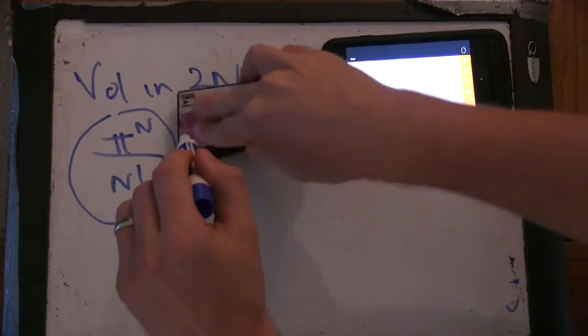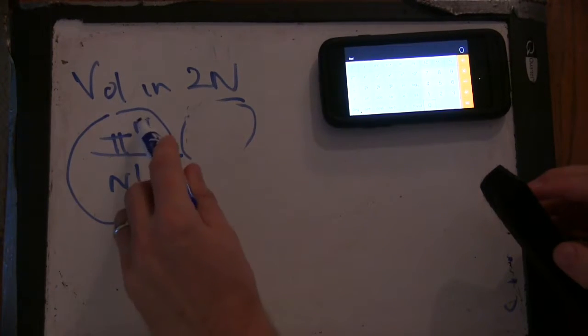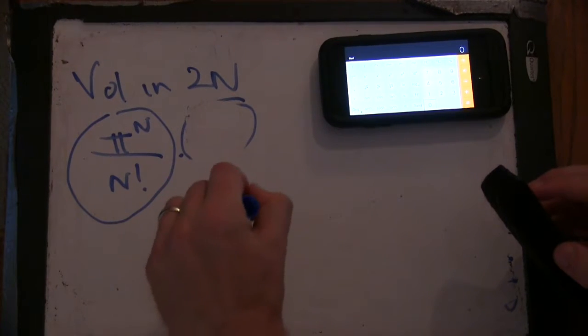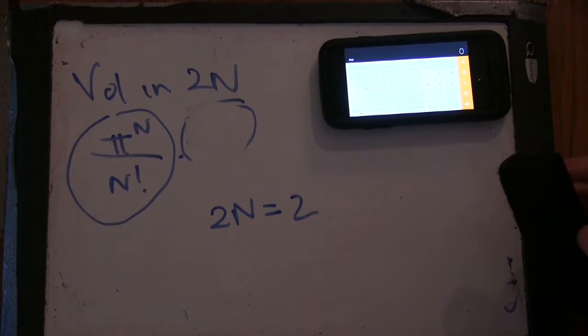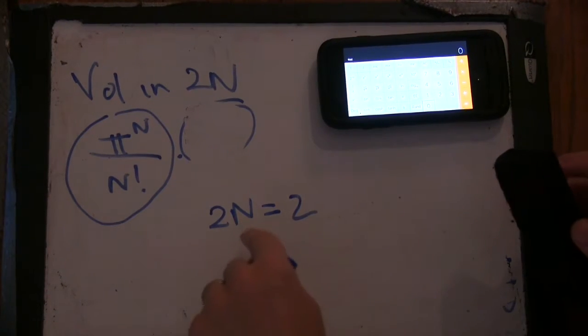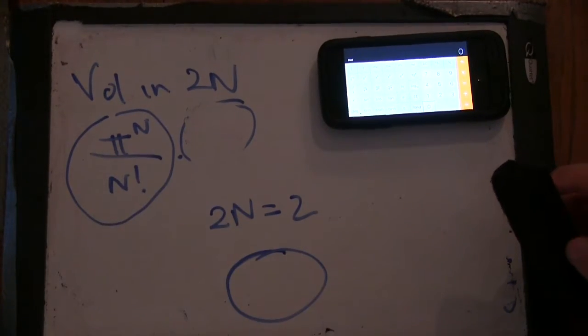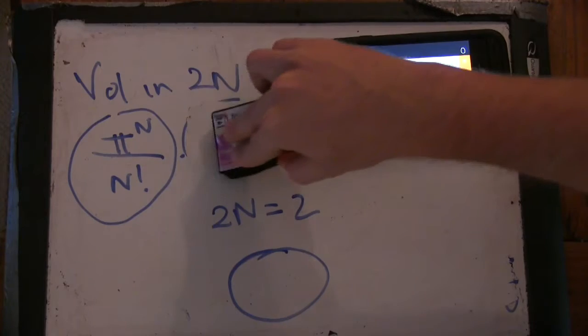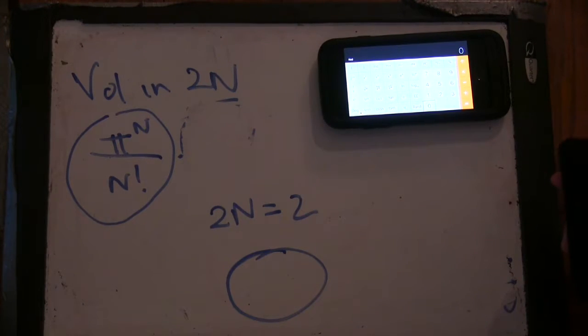So in 2 dimensions, if 2n equals 2, what is n? n is just 1. So if n equals 1, a 2-dimensional sphere, which is just a circle, what does our volume formula say? We have pi over 1, which is pi. Is that right for a circle of radius 1?